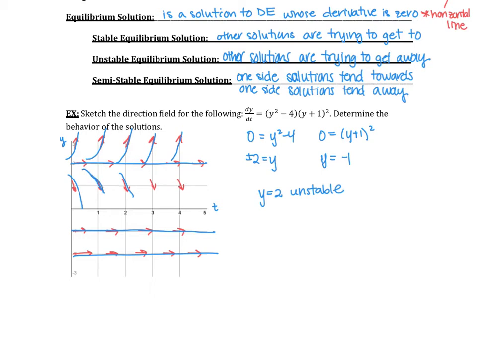But let's see what happens if we plugged in 0.5 for my y. If I plug in negative 0.5 even. Let's do negative 0.5. If we substitute in negative 0.5, negative 0.5 plus 1 squared is going to be positive. Negative 0.5 squared will be positive, minus 4 is going to be a negative number.